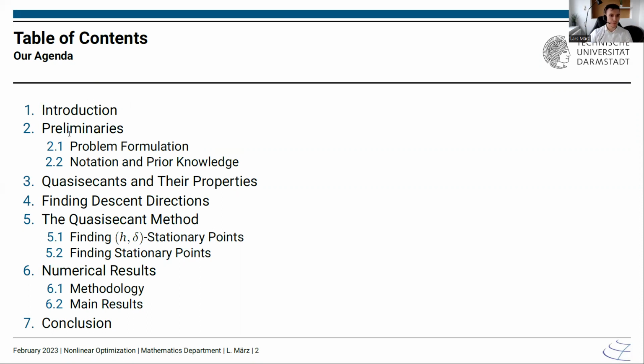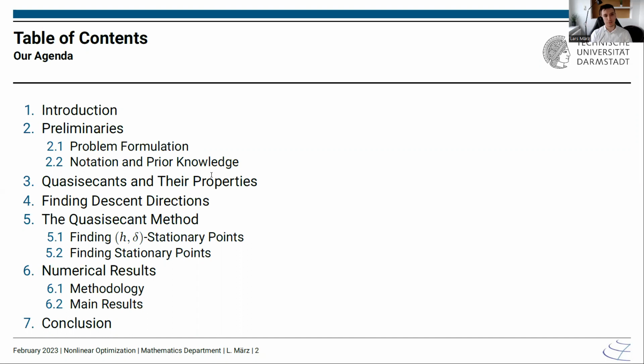And then we will introduce quasisecants, which are the main ingredient of this novel method, and their respective properties. After that, we will look at the problem of finding descent directions, meaning directions of descent for this optimization problem, and the step length along these directions.